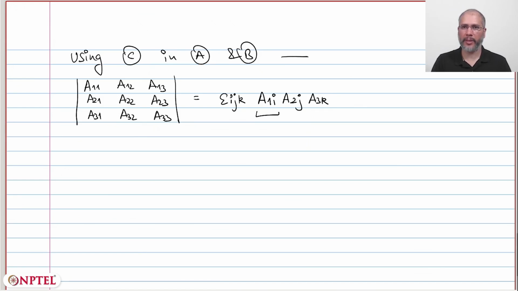So you get the three components of the first row of A. Similarly, you get the other two vectors as well. And this is exactly what we had to show. So we have successfully shown that the determinant of A is equal to epsilon ijk a1i a2j a3k. So that completes the solution.